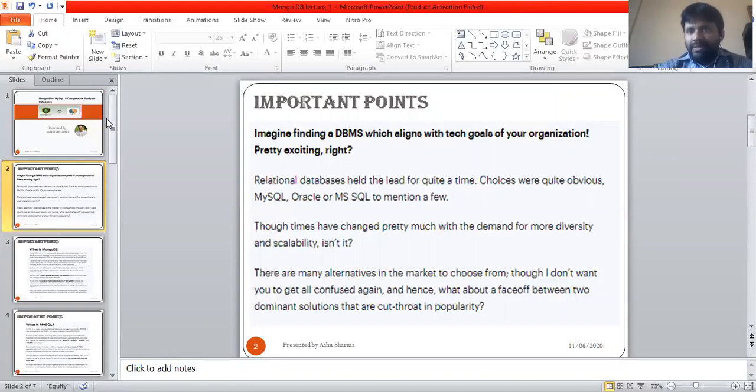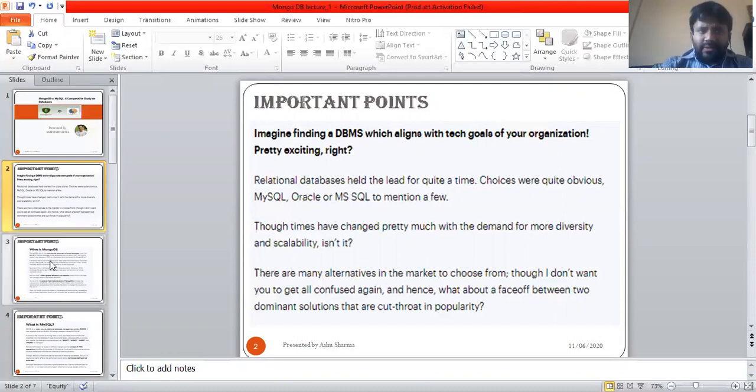Though times have changed with the demand for more diversity and scalability. So there are many alternatives in the market to choose from, like DB2, Lotus Domino, MongoDB, and PostgreSQL. Lots of things are there. The concept is very much common, but the nomenclature is different.